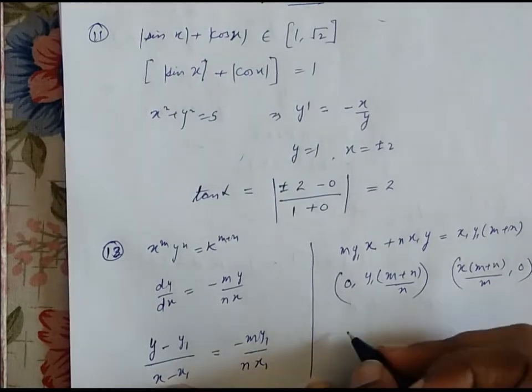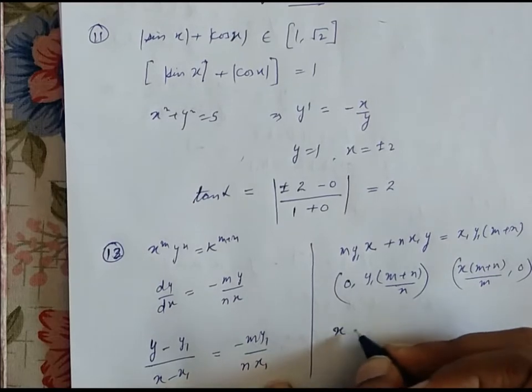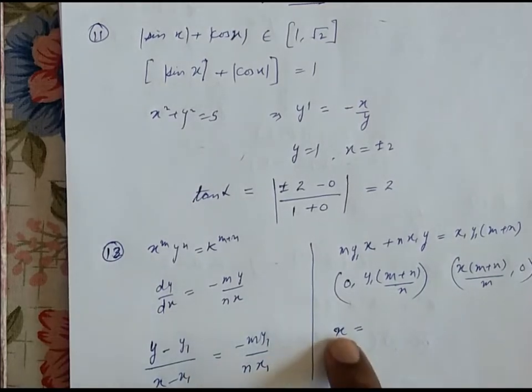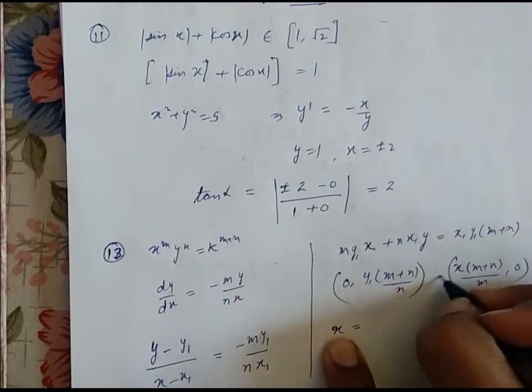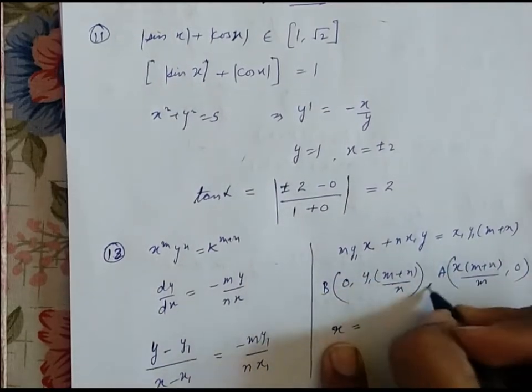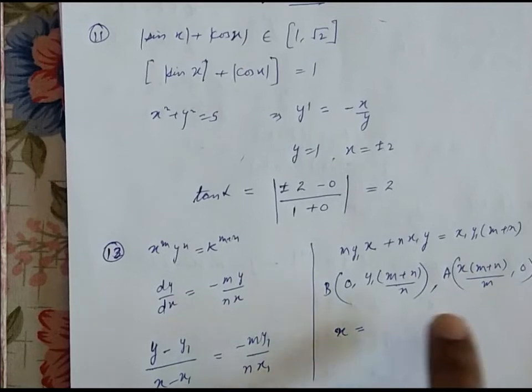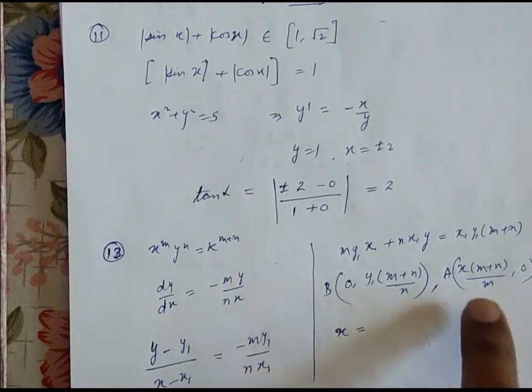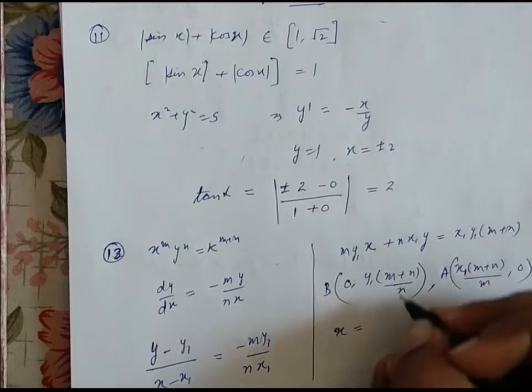Now we can see that if we divide the line joining A and B in the ratio m:n, then it will come to be x1 comma y1.